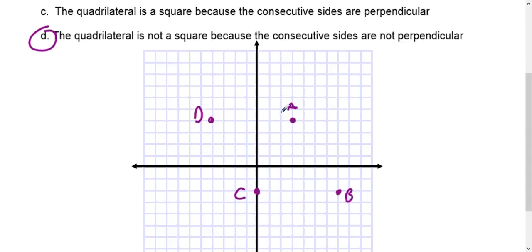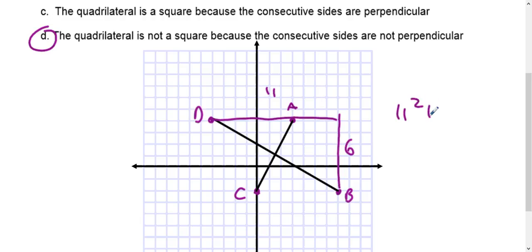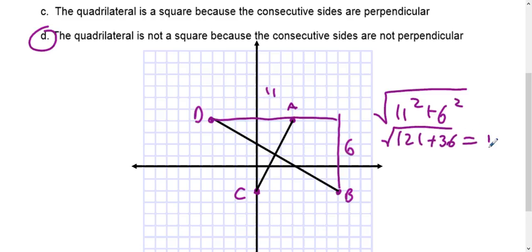So let's check the diagonals. This diagonal would have a length of, that side's got an 11 and 6. 11 squared plus 6 squared is 157.